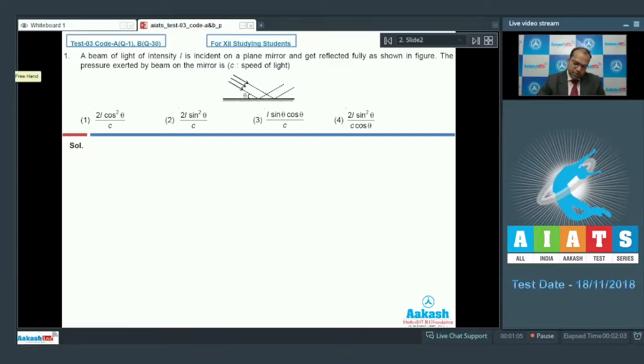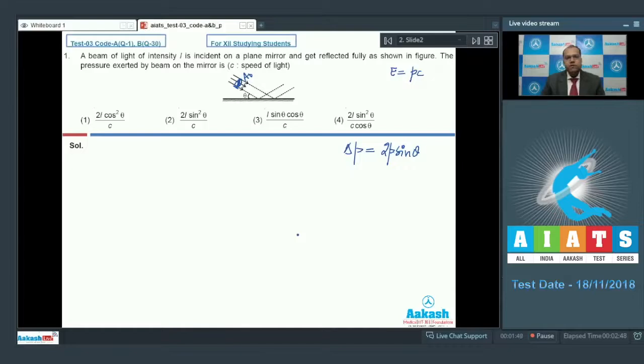So if I consider this is a beam of area A0, and if the momentum of a single photon is P, then I can write the energy of the photon as E equal to P into C. The change in momentum of a single photon is 2p sine theta when it strikes the horizontal mirror.